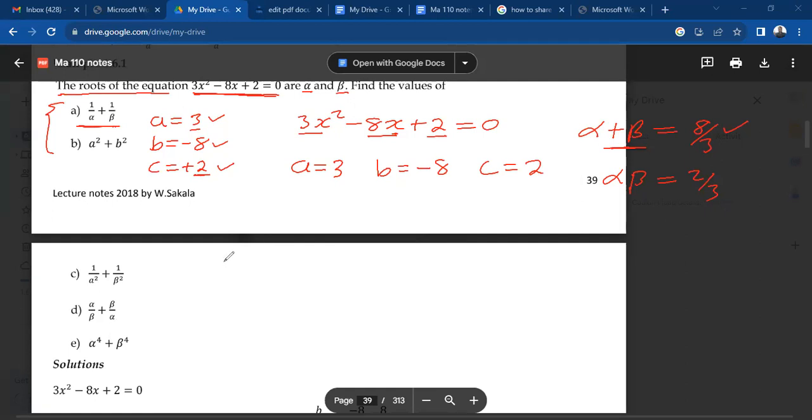So B is alpha squared plus beta squared, like that. So now, as a student, wherever you see alpha squared plus beta squared, what should come in your mind is the expansion of alpha plus beta.